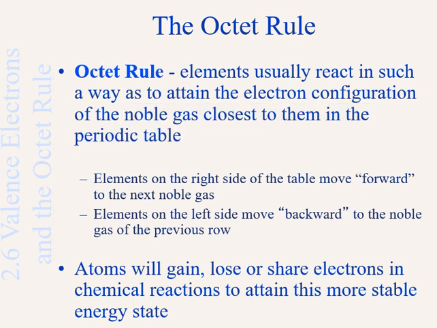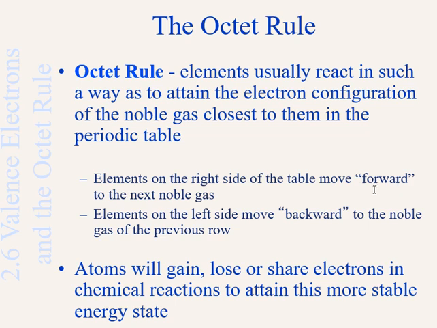So the reason why any compound forms is because the elements which are not noble gases want to become like noble gases, and they want to become like the noble gas closest to them on the periodic table. Elements which are on the right side of the periodic table will move forward, by forward meaning that the atomic number increases.